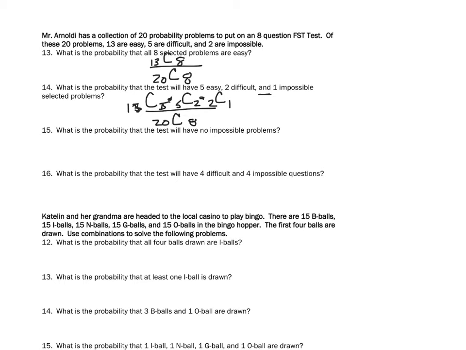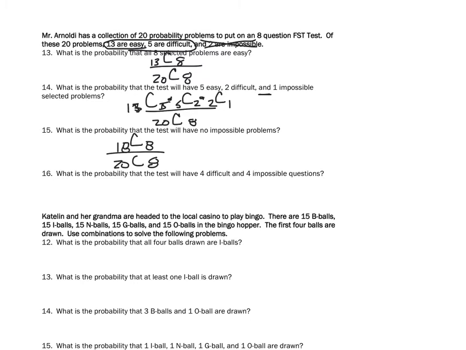Number 15, what's the probability the test will have no impossible? If I'm not going to have any impossible, that means I'm having all either easy or difficult, and there are 18 of those. So of those 18, I'm choosing all 8, divided by, again, our familiar denominator of 20 choose 8.